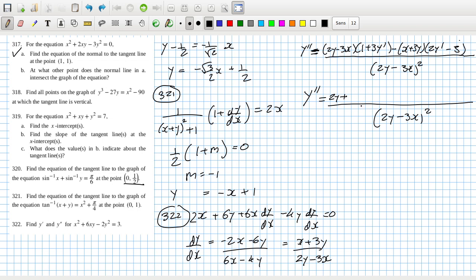Oh, maybe I shouldn't. I'll just leave it. 2y minus 3x times 1 plus 3y dash. So that would be 3x plus 9y over 2y minus 3x, minus x plus 3y times 2x plus 6y over 2y minus 3x, minus 3.